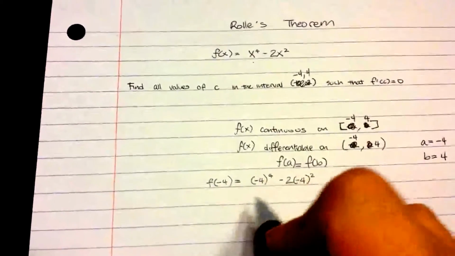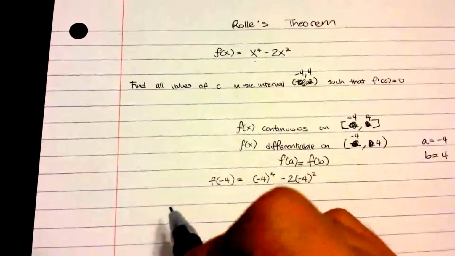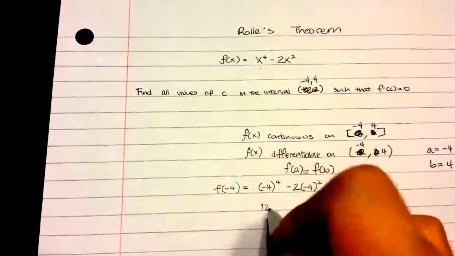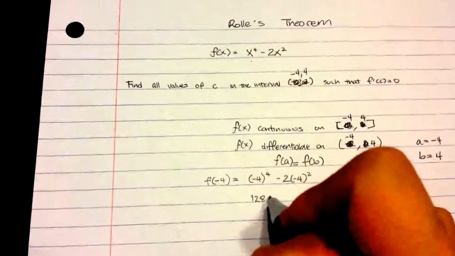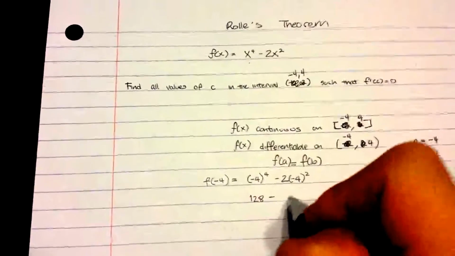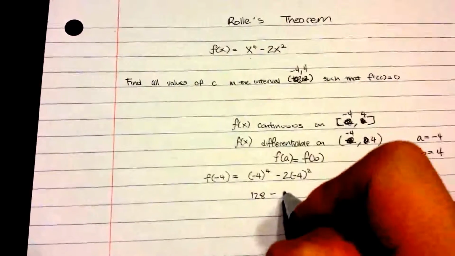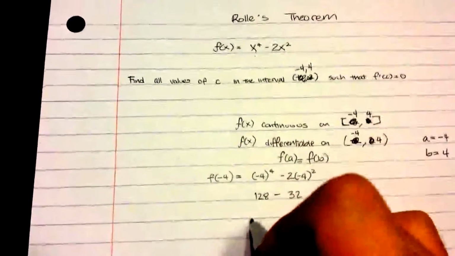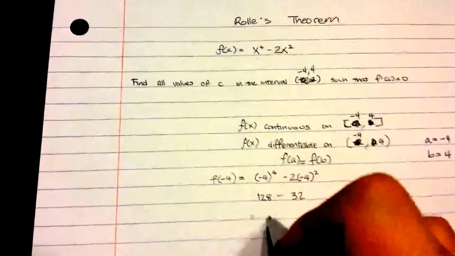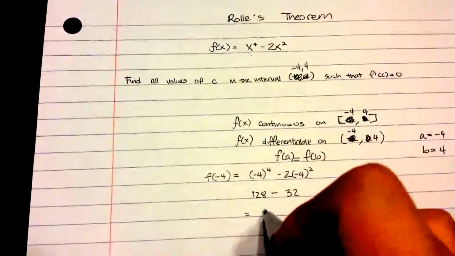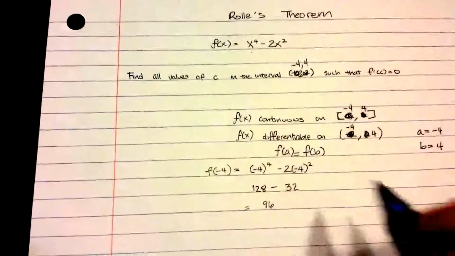So when we do this, we get 128, I believe, minus 32. So we know that f of -4 is equal to 96, if I did my math right, which I believe so.